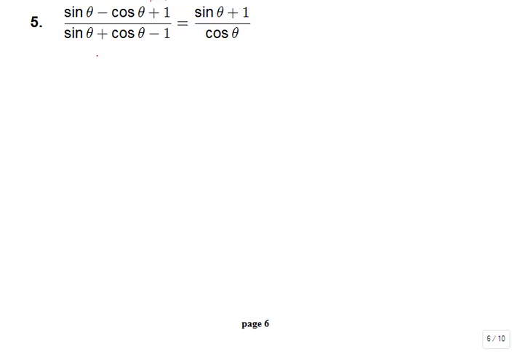So the trick to this one is probably something you would never think of on your own, and you only would think of it once you've done it before in the past, and that is to multiply by something called a conjugate. And we do this a lot in radicals.